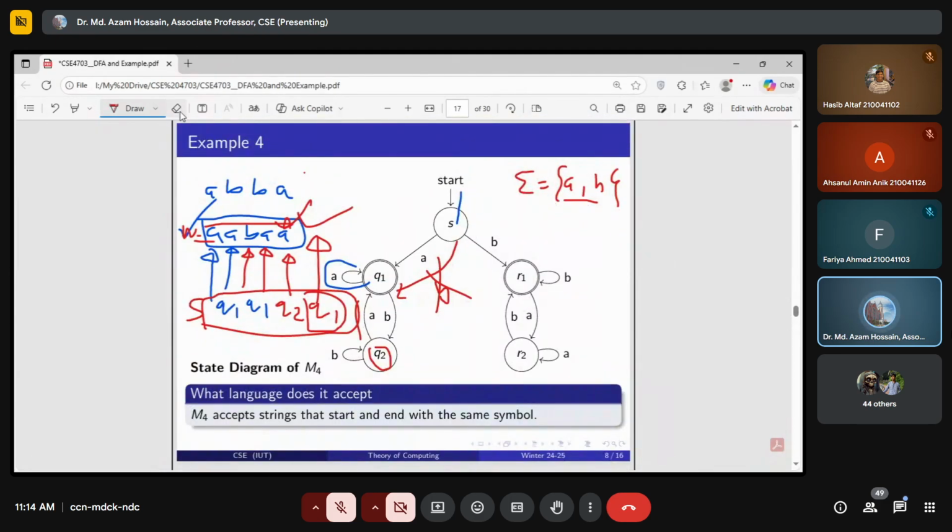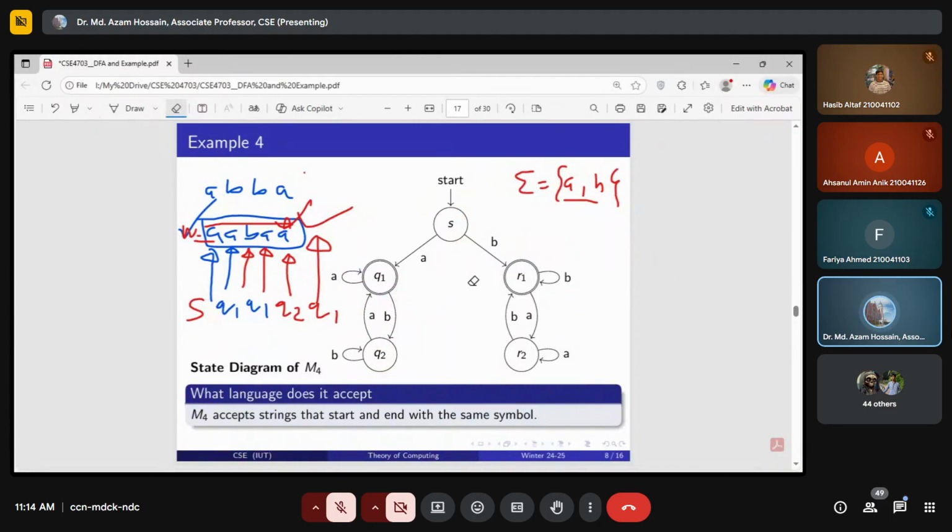Okay, let's look at this example. In this language, we have only two symbols, A and B. See, S has two transitions, with A and B. Similarly, Q1 has either A or B. Similarly, Q2 has either A or B. Similarly, R1 has either A or B. Similarly, R2 has either A or B. So each state has a transition for every symbol.